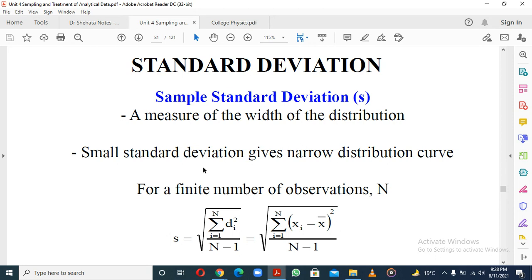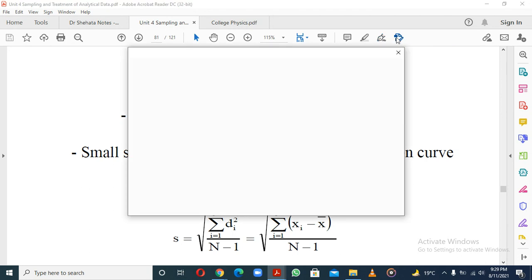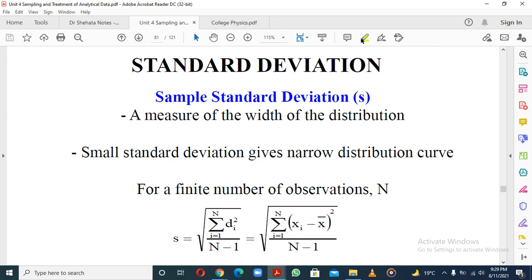When a set of measurements has a small standard deviation, the distribution curve is going to be narrow. What does that mean? I'd like to write on the diagram, but it's not possible here.